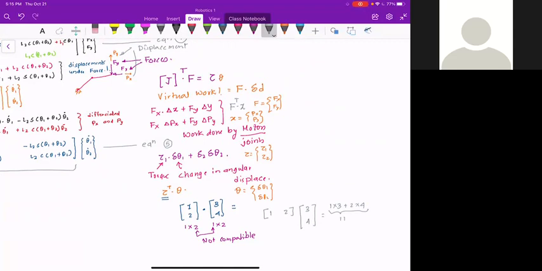You cannot just do a vector multiplication the way it is written. So for the dot product, this is vector 1, this is vector 2, so you need to do the transpose.